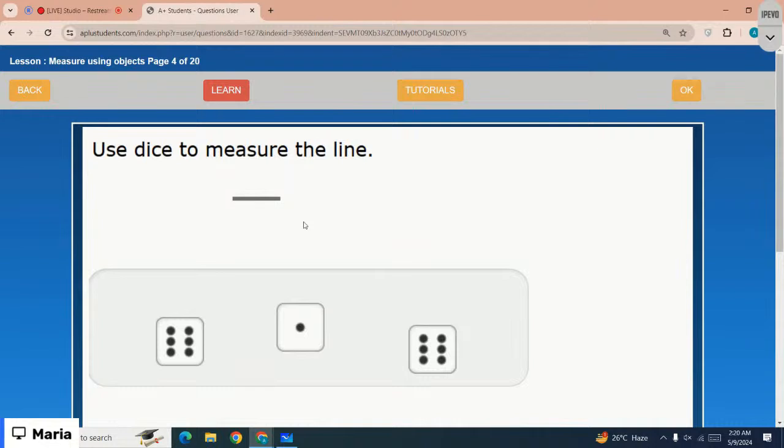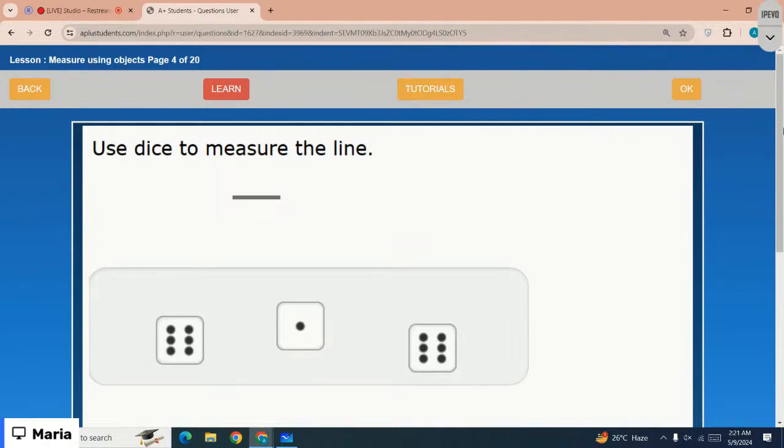Use the dice to measure the line. Yes, just one dice long. The correct option is 1.